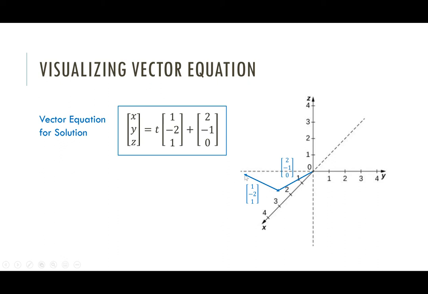And then we're not just adding this vector, but we're adding all multiples of this vector. And so this line right here represents all the solutions to this system. Any x, y, and z point on that line corresponds to a solution to our original system of equations. And as we can see, this corresponds to a system with an infinite number of solutions.